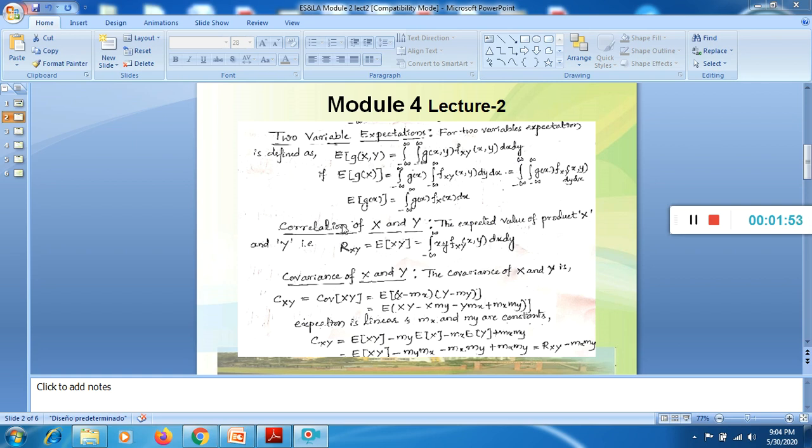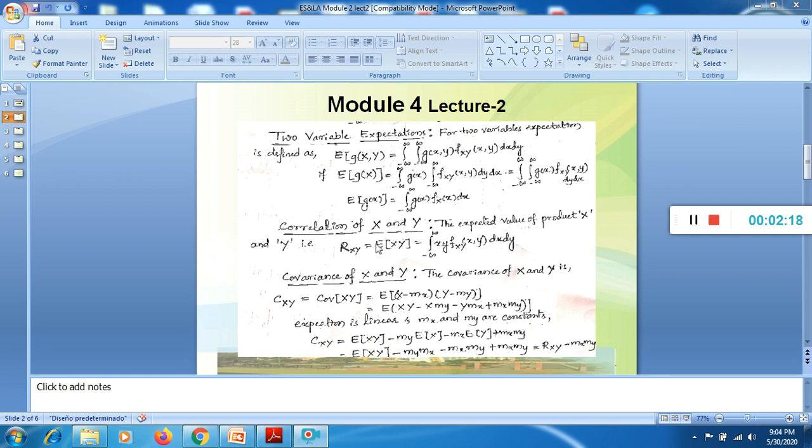Then we learn the correlation of the random variables X and Y. The expected value of the product of X and Y is referred to as the expectation of XY. Expectation of X into Y is referred to as correlation.